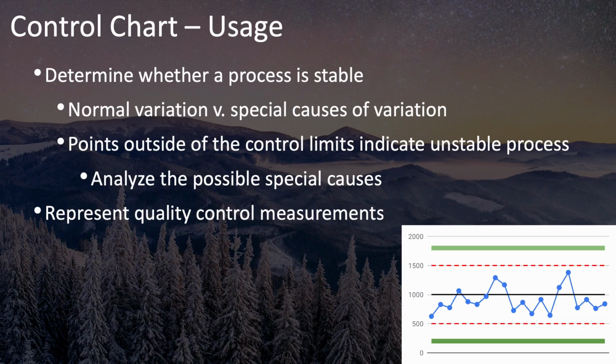Points that are outside of your control limits indicate to you that you have an unstable process, and you should analyze further to see if you can determine and remove any possible special causes that are causing these outlying measurements. Your control chart measurements come from your quality control measurements as part of your project's control quality process.